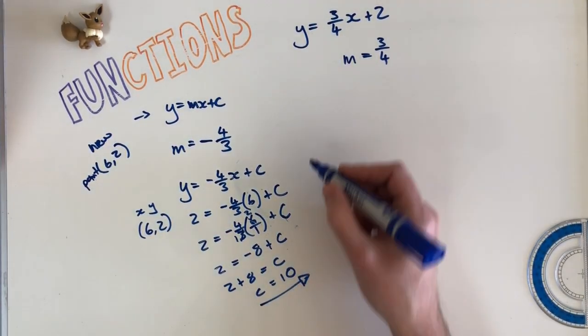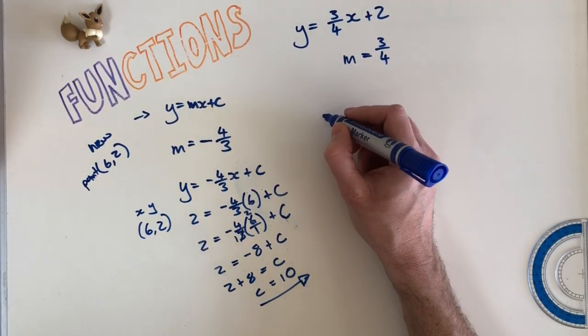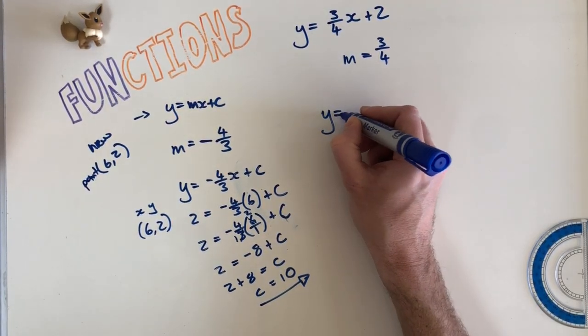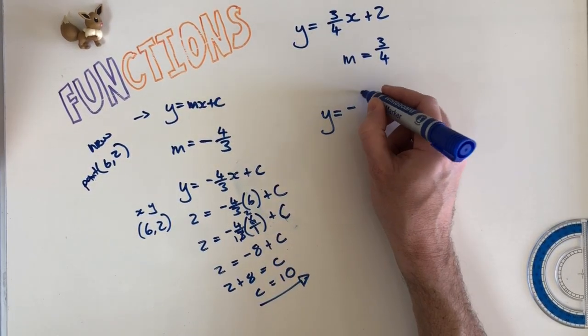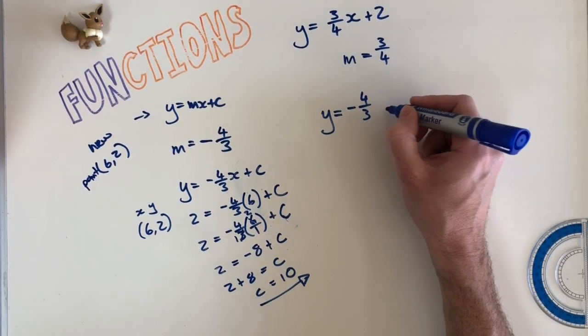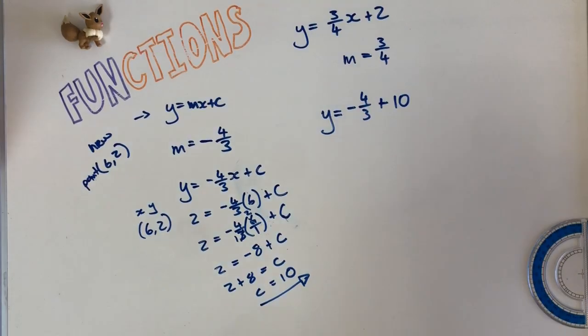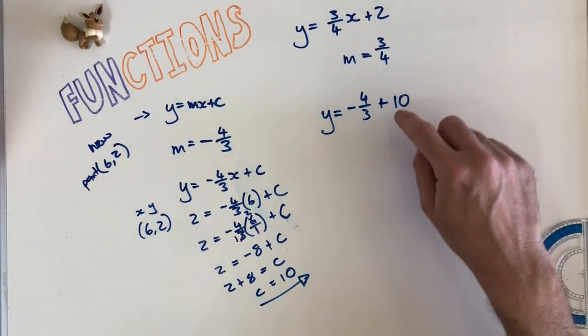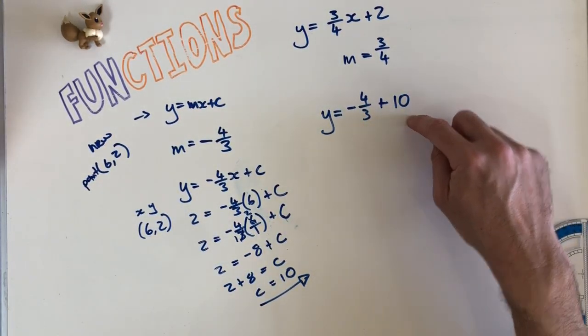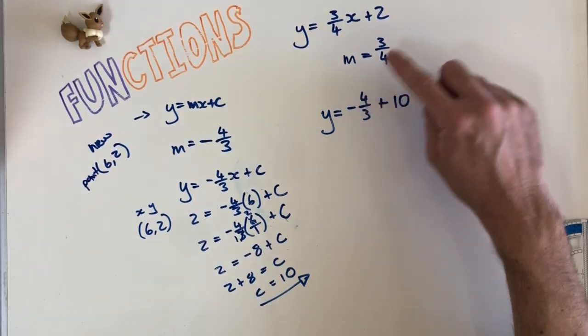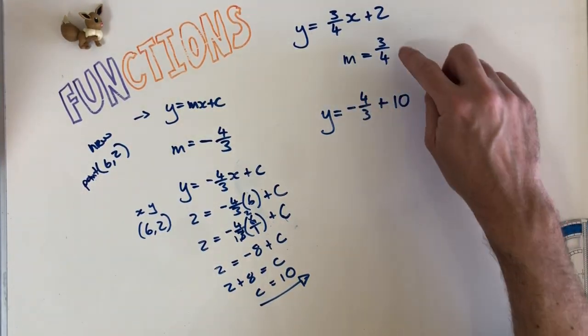Okay, so the new equation would be y is equal to -4/3 plus 10. So this line is perpendicular to this line because we did that whole reciprocal and changed the sign.